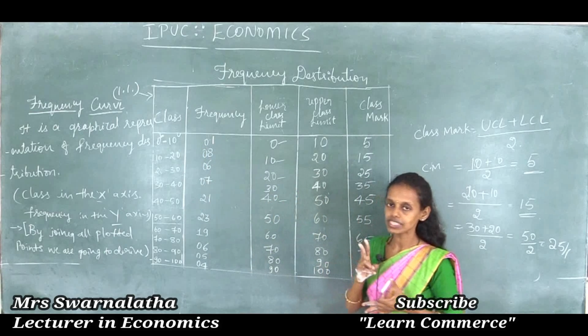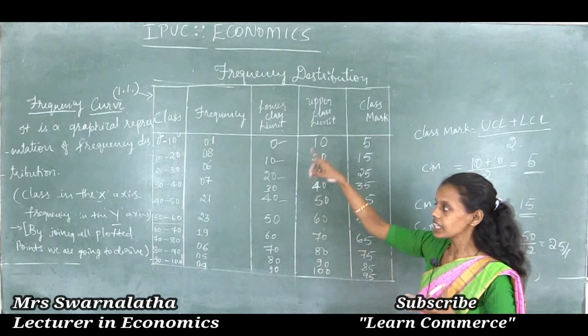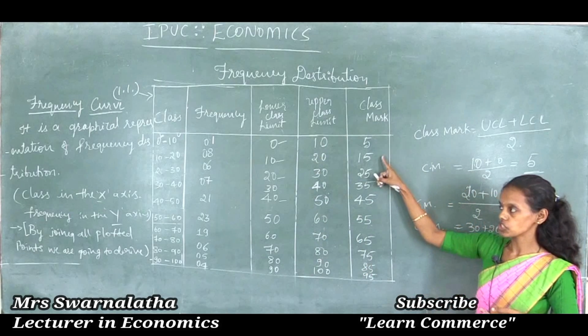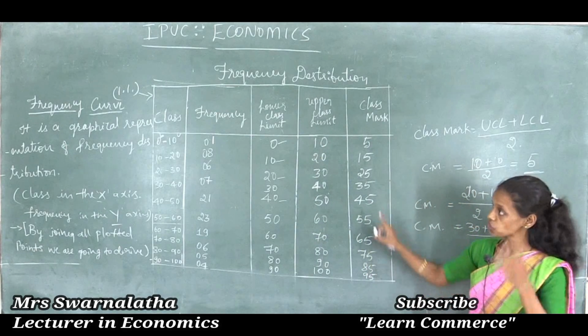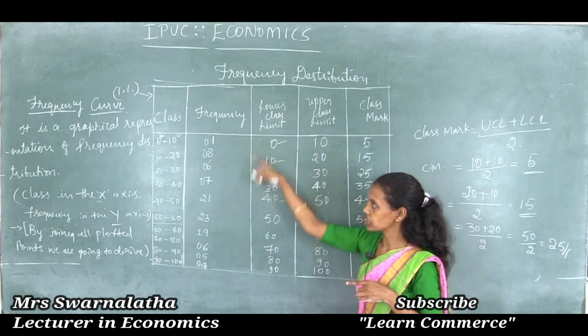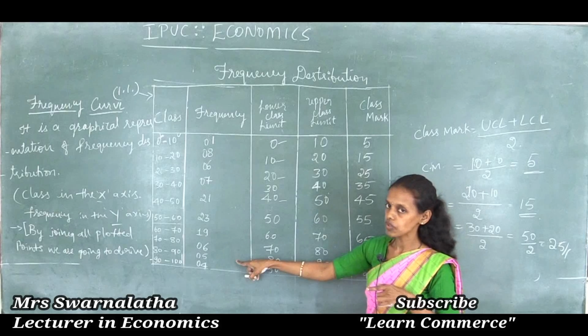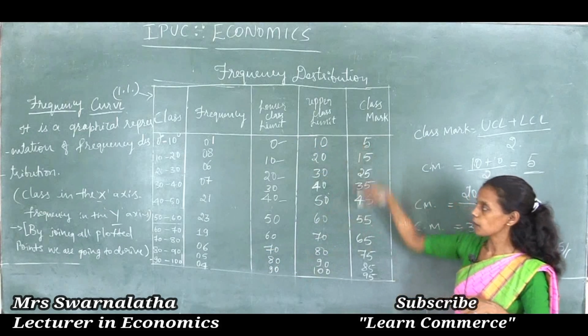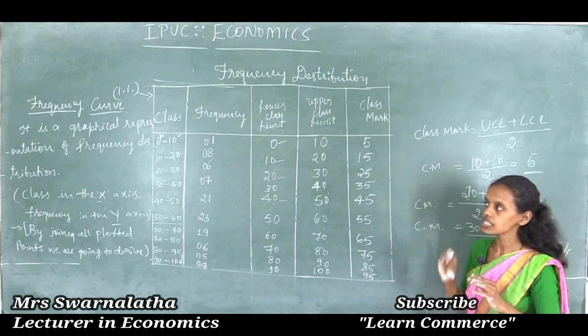So there are two methods of frequency distribution, the exclusive method and the inclusive method. By this you understood classes, how to find the class interval, frequencies, the number of times values occurred in the observation, lower class limit, upper class limit and class mark.